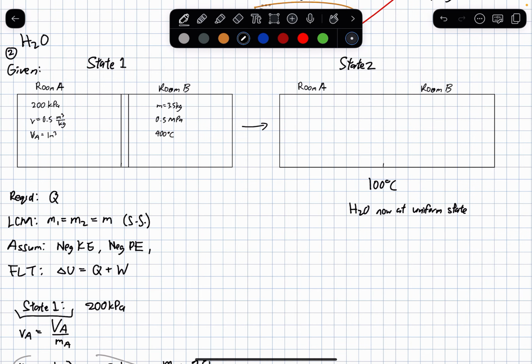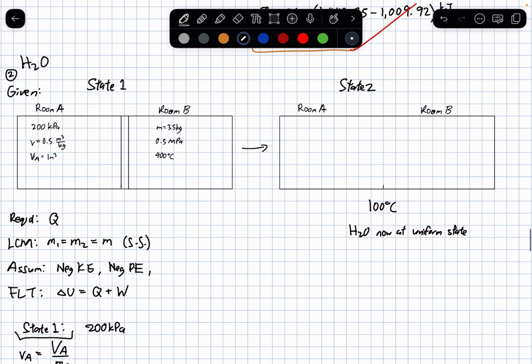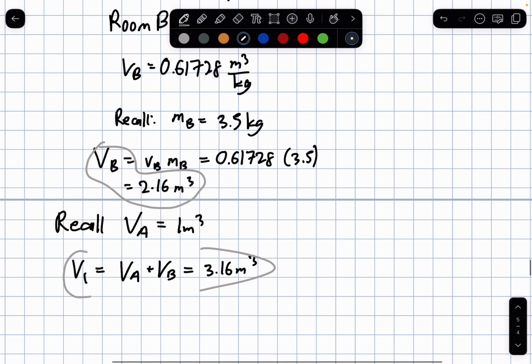I think that's gonna be also the volume for state 2 since this is a closed system. Yeah. It says rigid tank in the problem statement. Rigid tank. Therefore, that is equal to volume 2.